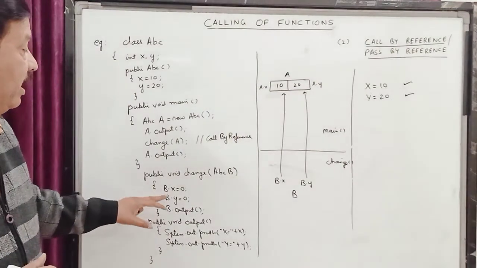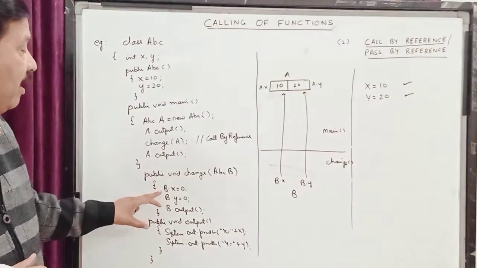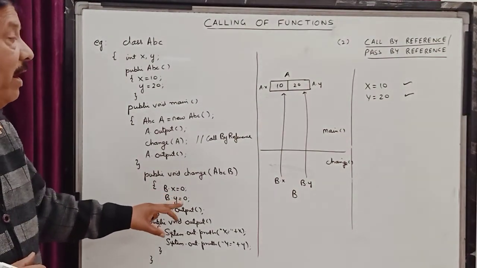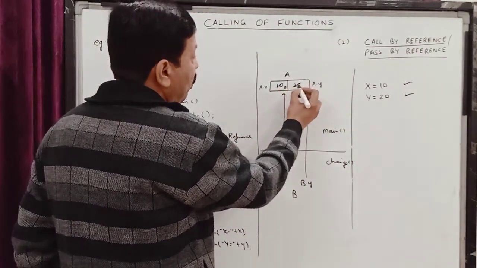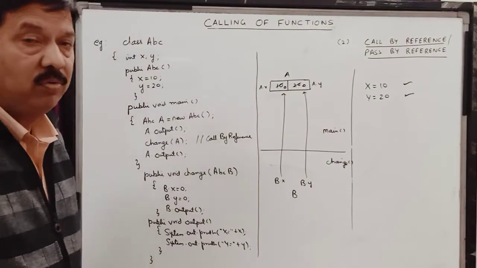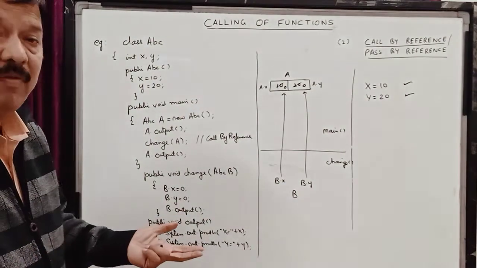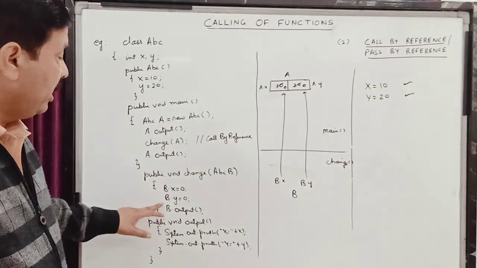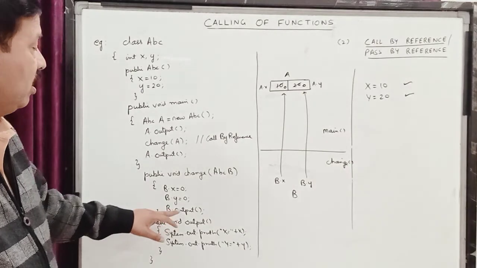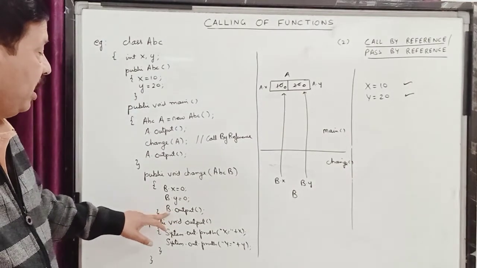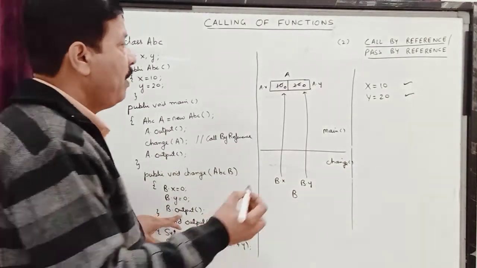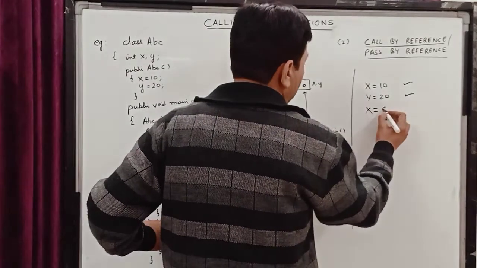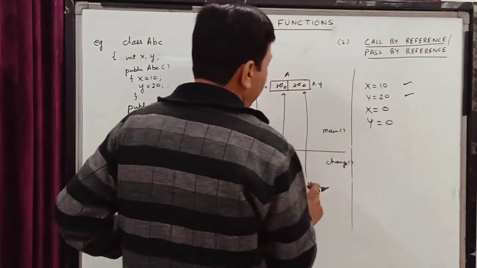Say in the change function I make the values of b dot x and b dot y as 0, it is going to change this value over here to 0. So that means the actual value is changed. Now after changing the value, if I print out the value of object B by using the function b dot output, my output will be x is equal to 0 and y is equal to 0.